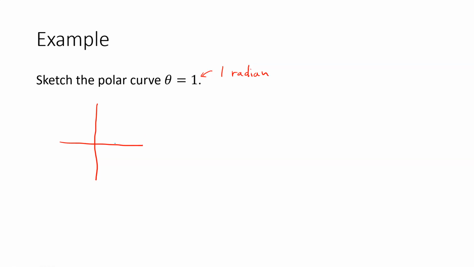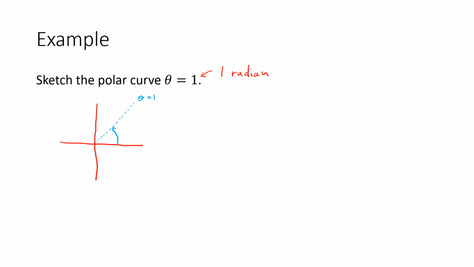So if we imagine now making an angle of 1, where would that land? Probably somewhere in quadrant 1. Remember, pi radians would be 180 degrees. So one radian would be somewhere in quadrant 1.